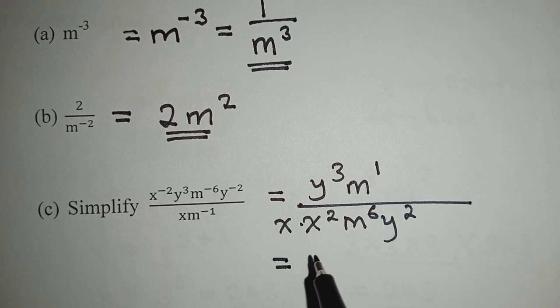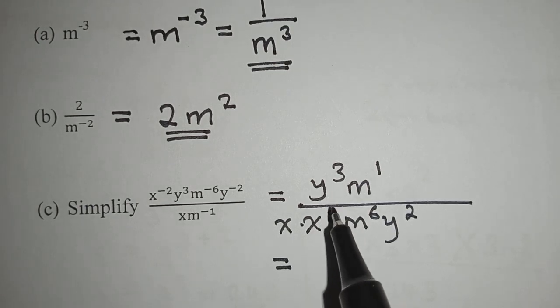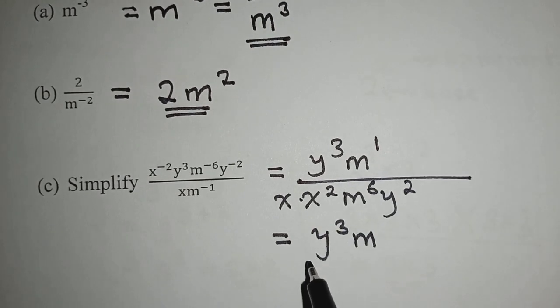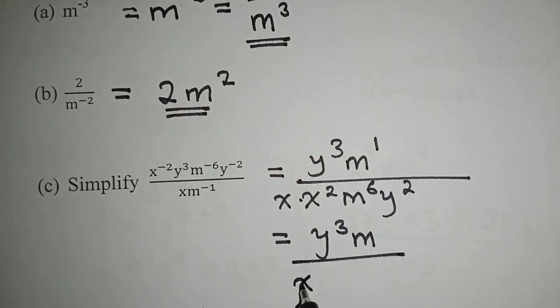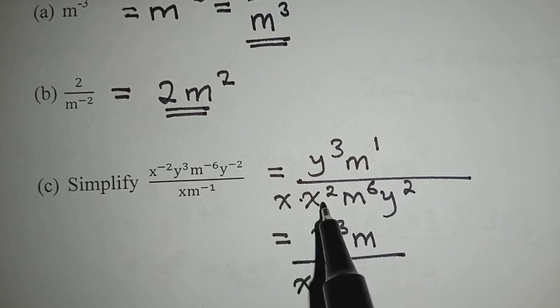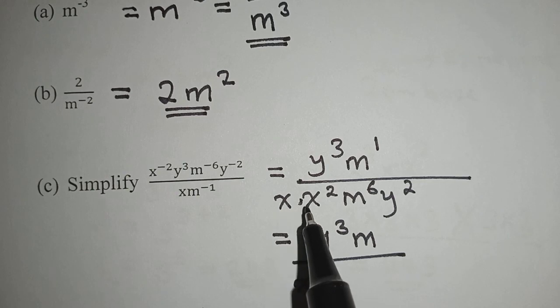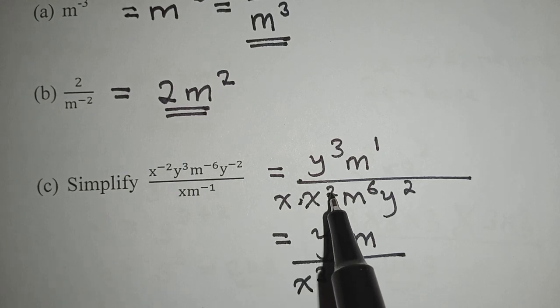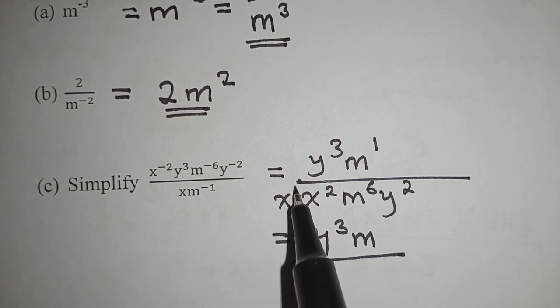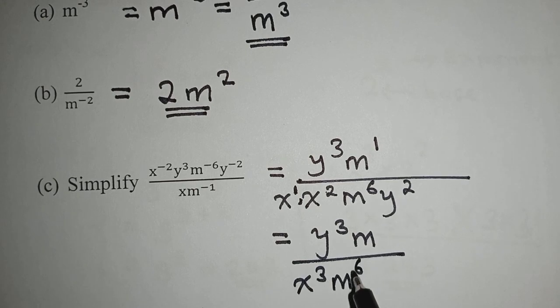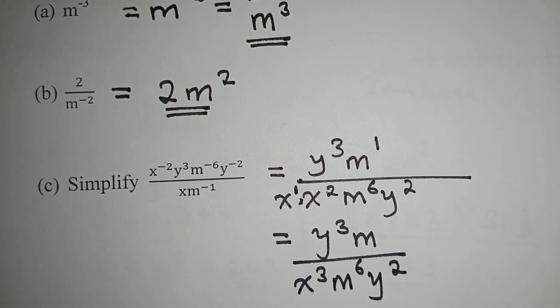So here we shall work out what is here. So we have y power 3 m over x power 3. Remember the laws of indices when you're multiplying. So here it's multiplication, x times x power 2. So the powers you add, there is 1 here, 1 plus 2, it will give us power 3. So we have something like this, okay?